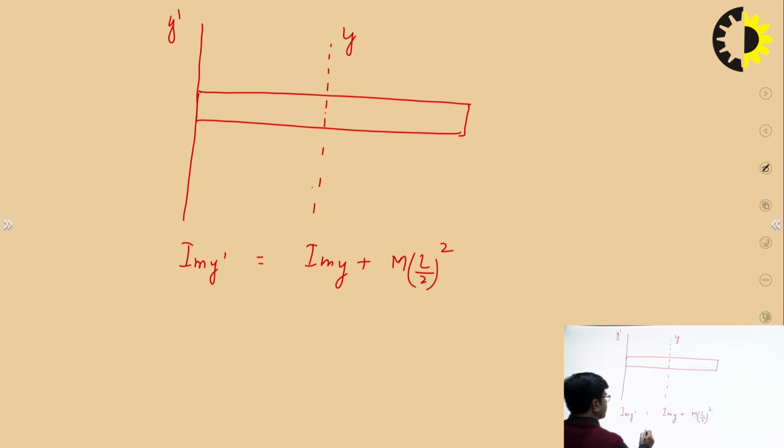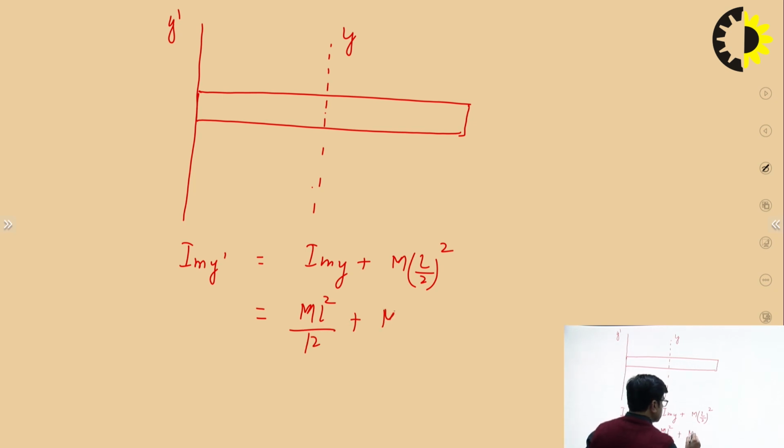So, I will put M L square by 12 plus M, because the total mass M is assumed to be concentrated at this point. So, the distance between the total mass concentrated at this point and this axis is L by 2, so L square by 4.